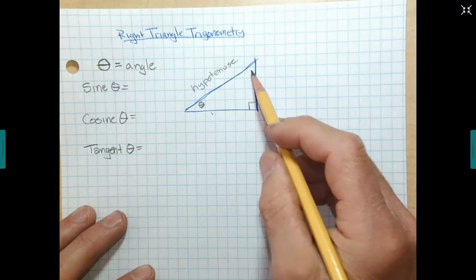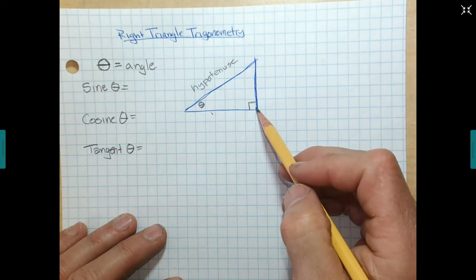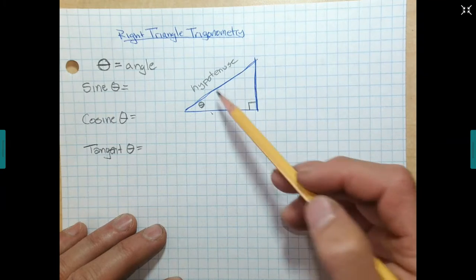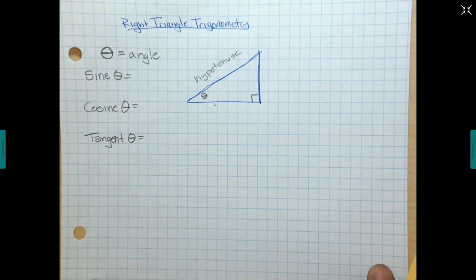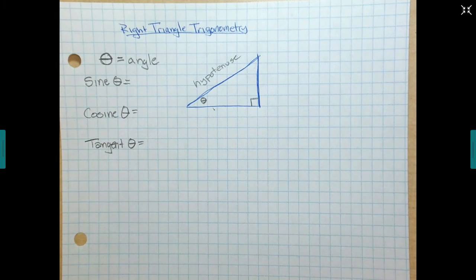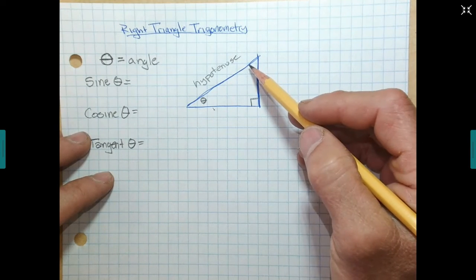For any triangle, the side opposite the 90 degree angle, the long side, is the hypotenuse. Sorry, we've got some wild boar running in Discovery. The longest side is the hypotenuse.